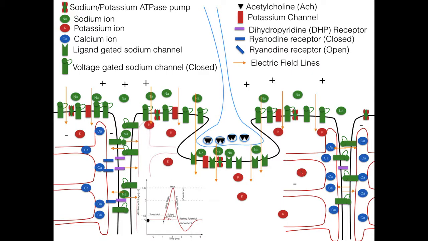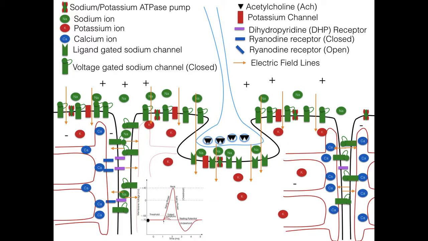So an electric field strength of -70 is sufficient to keep the voltage-gated sodium channels closed. If that voltage ever gets up to -55, the channels will open, and then some cool stuff is going to happen.